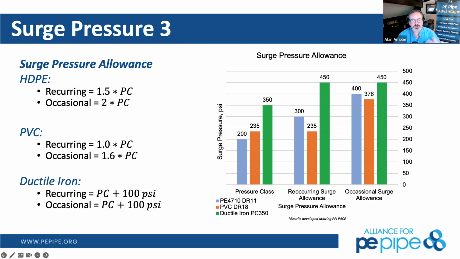All 3 assume different pressures and ways to measure the pressure class. So here HDPE provides that 1.5 times and 2 times that pressure class within the actual design of the pipe. PVC, the recurring surge, has to be designed in the pressure class of the pipe that they're recommending, and then also the occasional 1.6 times that. And ductile iron is limited to that 100 PSI.